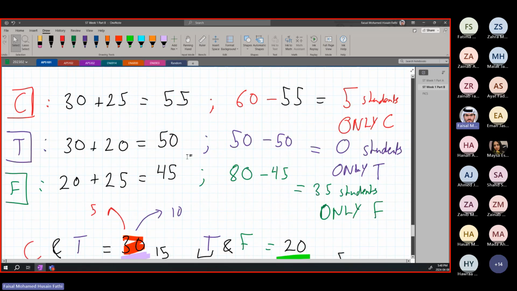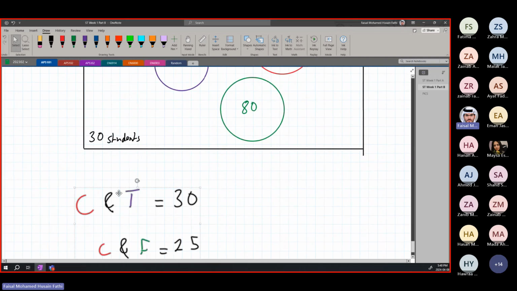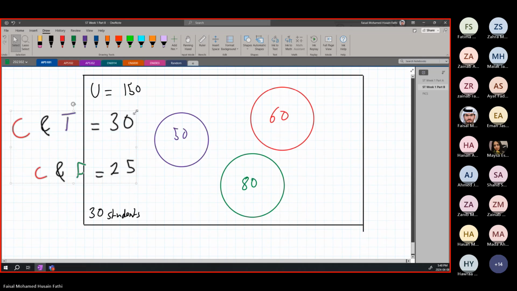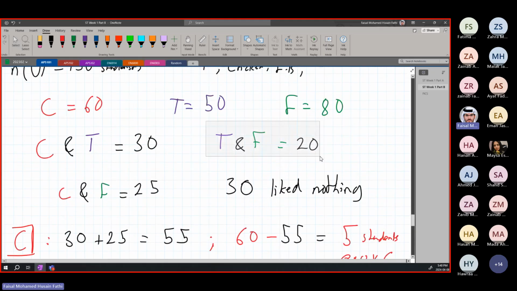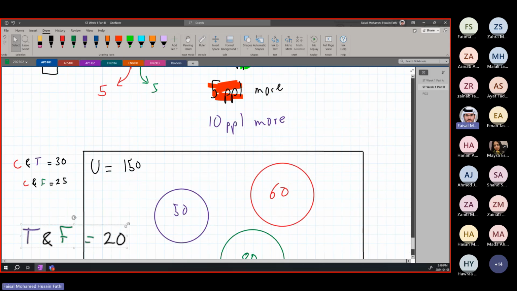Now, if we look at these one by one, which is the C, T, the combinations over here, I'm going to put them down here so I can just look at them very quickly. We have this, and we also have this over here.